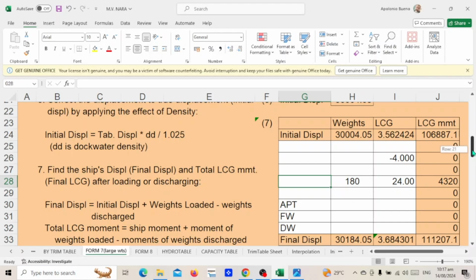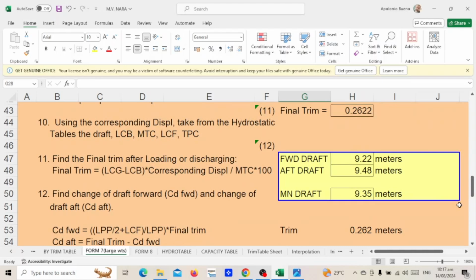So what will be the draft? Okay, I just want to put it on paper so I can remember. Bear with me, guys. So forward draft is 9.22, and the aft draft is 9.48, mean equals 9.35, and the trim is 0.26, okay?